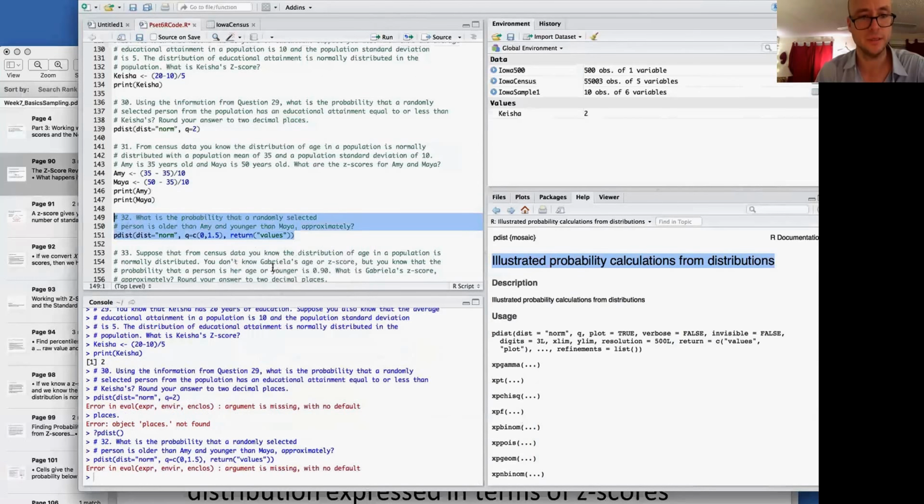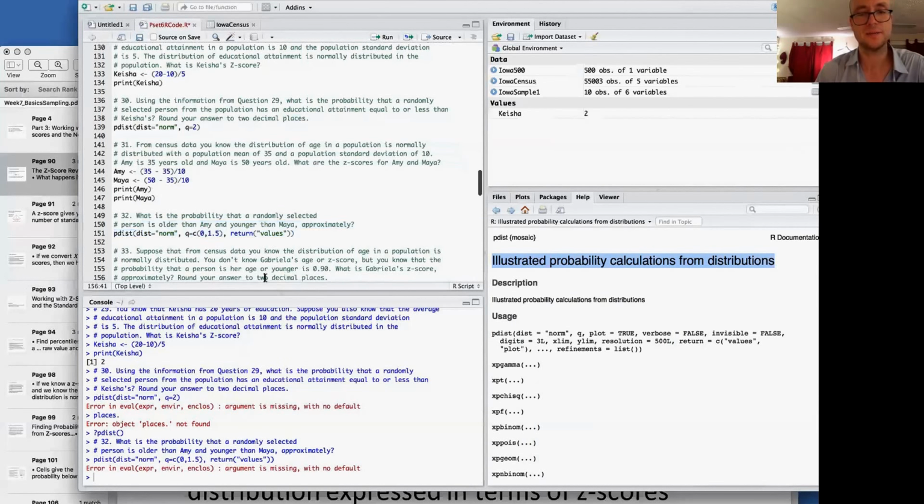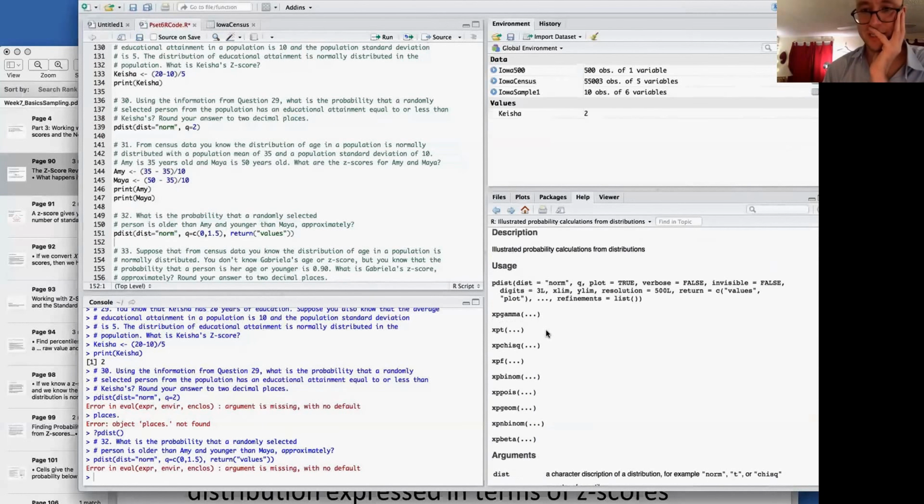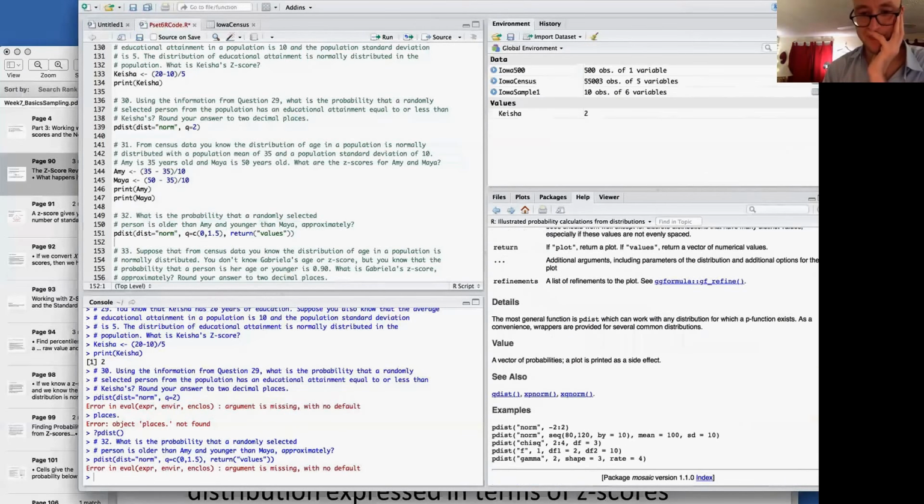What you should get with a p-dist function is you should actually get probability values from this. And I'm going to show you what you should get. For those of you who have gotten it, you should have no problem. But I know at least one student had that issue, and I did too.